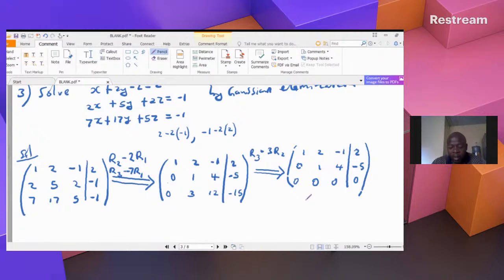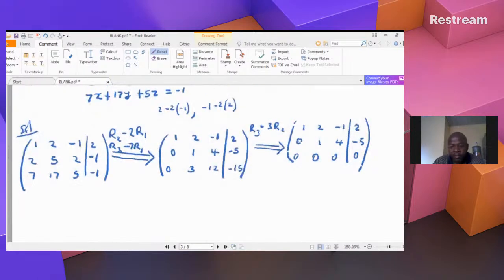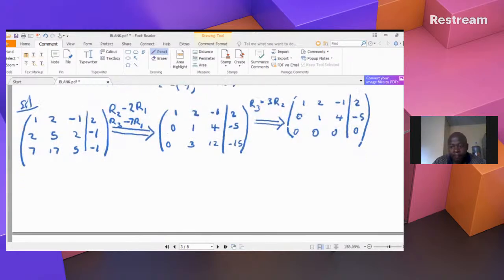So when we get that, it tells us that this system of linear equations has several solutions. Let's write what this matrix means. We have x plus 2y minus z equals 2, and the second one is y plus 4z equals -5, and this other one is 0 plus 0 equals 0.